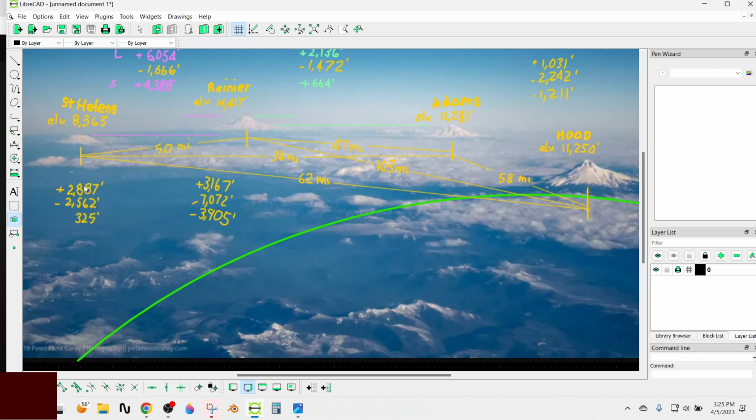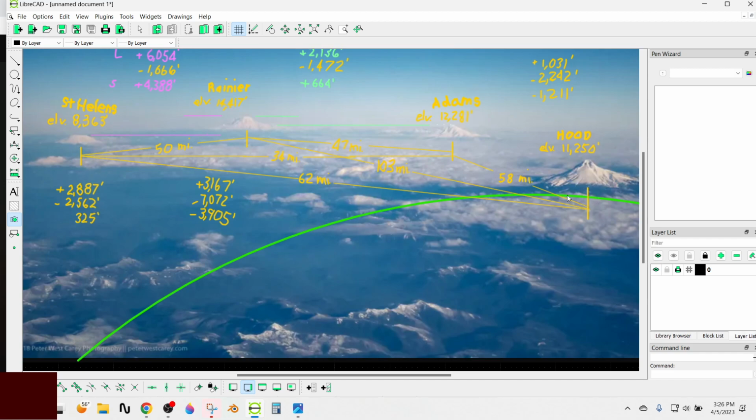The elevation difference between Mount St. Helens and Mount Hood is 2,887 feet higher. You take off that curvature drop from the positive altitude over St. Helens. Remember, St. Helens is out in the distance there too. And you end up with 325 feet of Mount St. Helens that should be exposed out here in the distance.